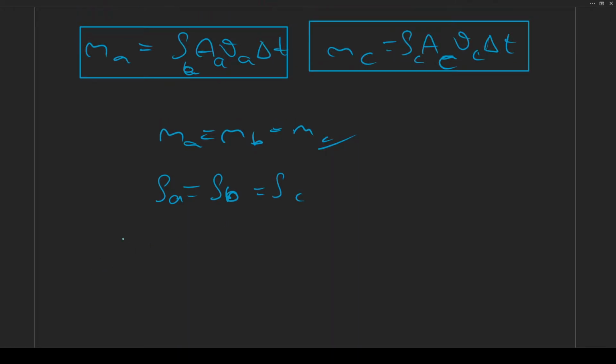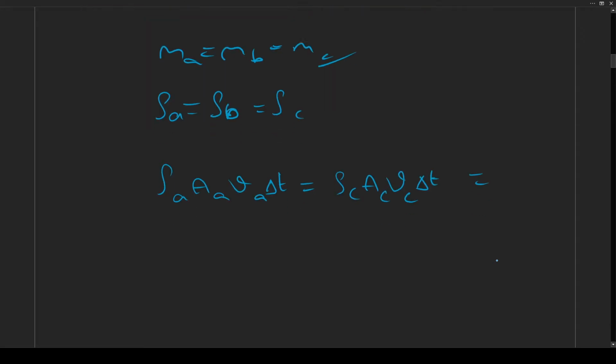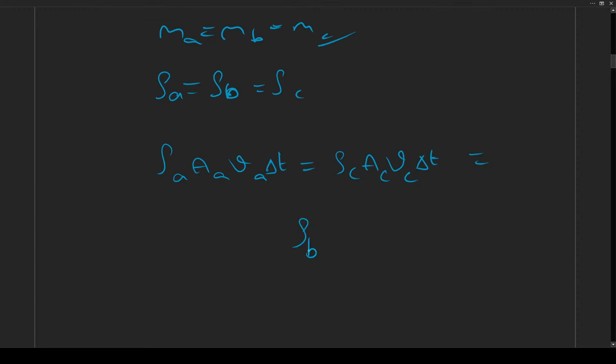We will get rho A A VA delta T, equal to rho C AC VC delta T, equal to rho B area B velocity B and time T. Based on this condition, the densities will get cancelled.